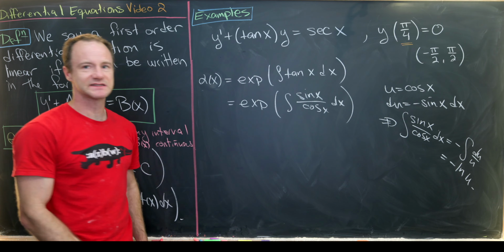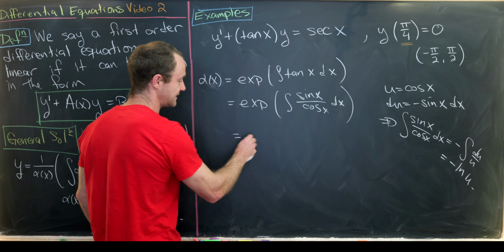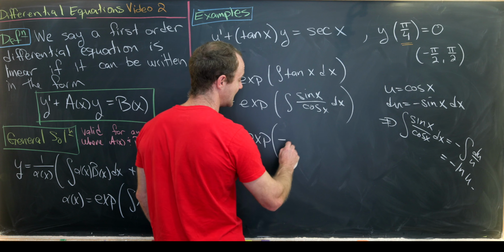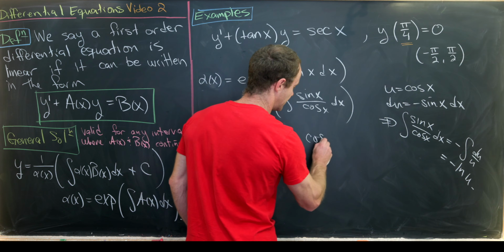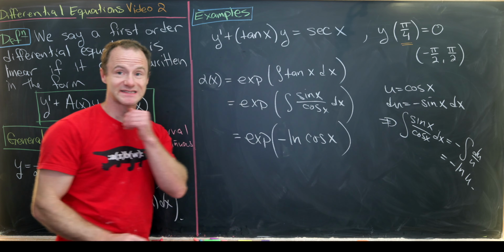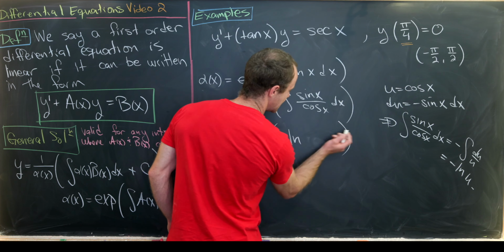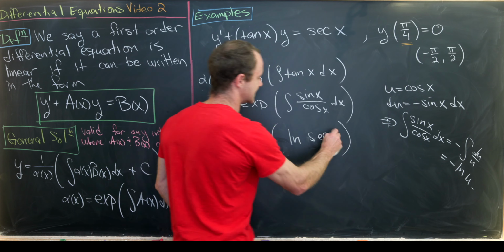Okay, so that being said, in our specific setup, that'll end up with the exponential of minus the natural log of cosine of x. But the standard thing here is to take this minus sign, bring it in, and turn this into a secant.